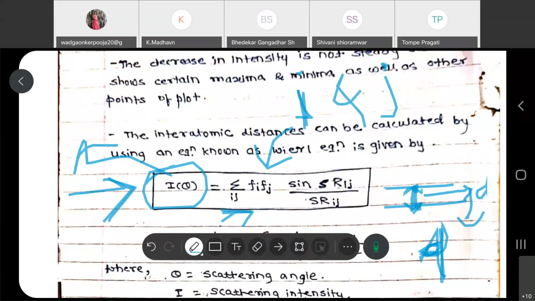Which atoms are you taking? The ith atom and the jth atom. The functions of these atoms are f_i and f_j, in other words, or in some other literature, which I will show you after some time.